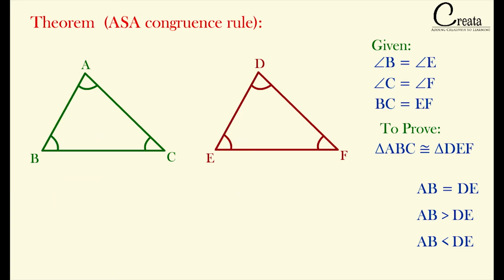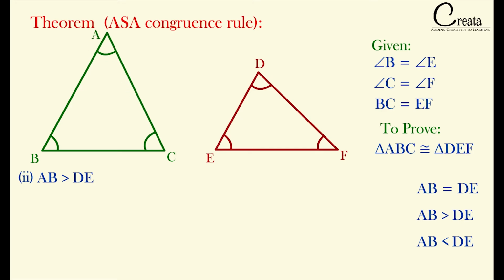In the second case, that is AB is greater than DE, let's assume a point P on line AB such that PB is equal to DE. We have just assumed a point P on the line AB and this length PB is equal to DE. Are you able to observe this triangle PBC?